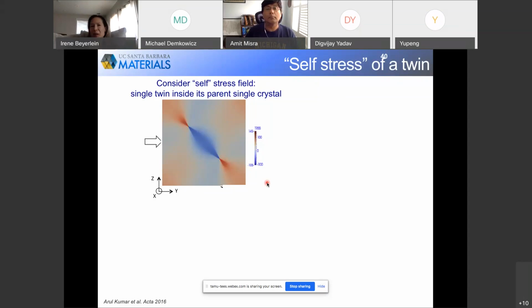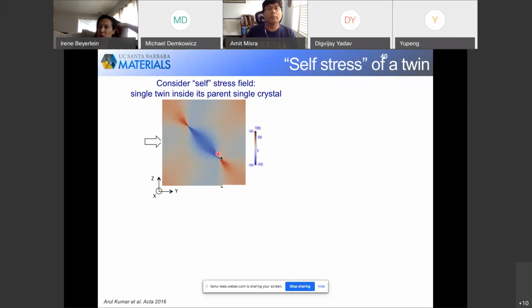Anything that's this whitish light color is below the stress that it was before the twin, which was about 20 megapascals. So anything above it, by introducing the twin, you've locally increased the stress field, such as at the twin tips, beyond what it was before you introduced the twin. And so provided that twin has grown into an embryo, as it grows lengthwise, it's creating its own stress field that would promote its continued growth.